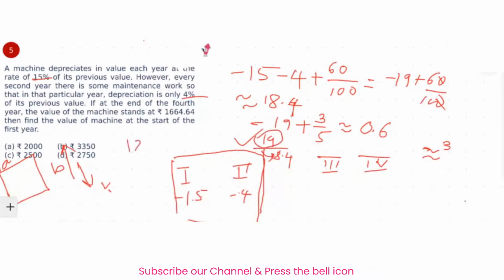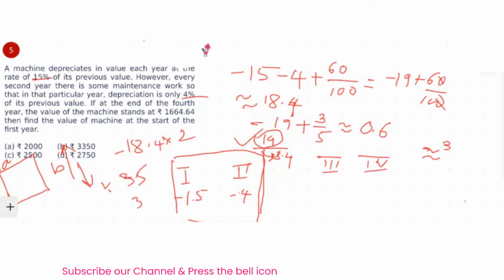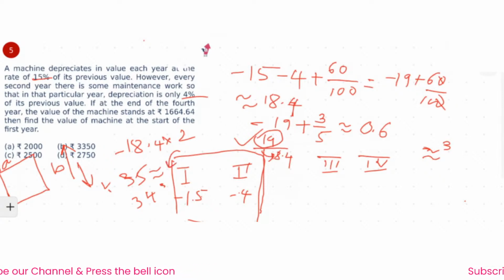Similarly, the value is not going to be around 35 or 34. So closely this will be less than 30% or 35%.